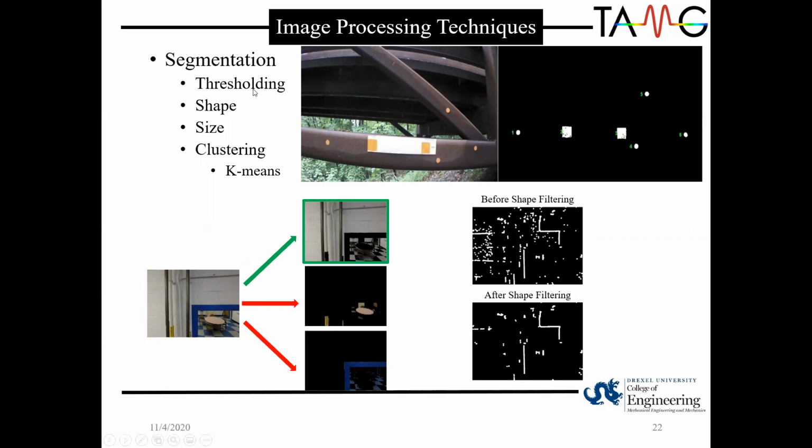So we're going to segment this image by thresholding all the yellow parts, then doing a shape assessment on the circulars versus the squares, and then finding out the size, and if required, we can do some clustering algorithms as well. Same thing we can do for identifying cracks within a wall. We do some segmentation, we do some shape analysis, and then we do some clustering, and then subsequently at some point some filtering to identify the cracks within the system itself.